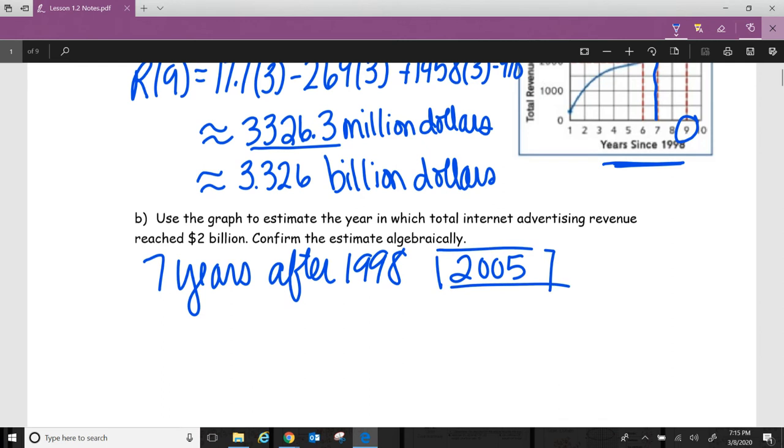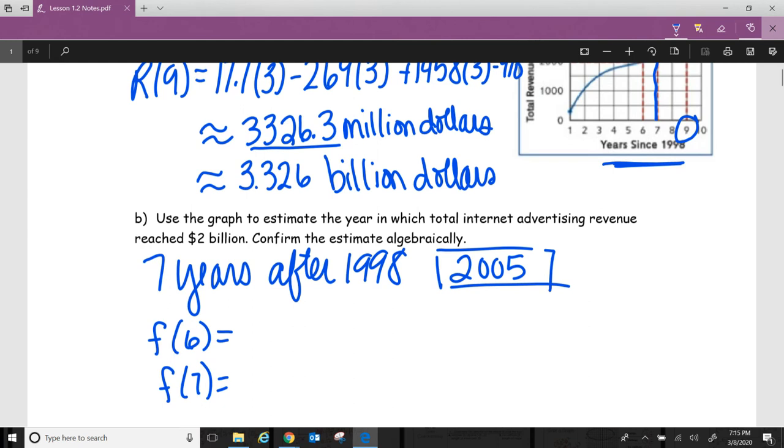And again, it wants me to confirm the estimate algebraically. So we're going to put in f of 6, and we're going to put in f of 7. And then we're going to make sure that between those 2 years, between 2004 and 2005, we go past that $2 billion mark.